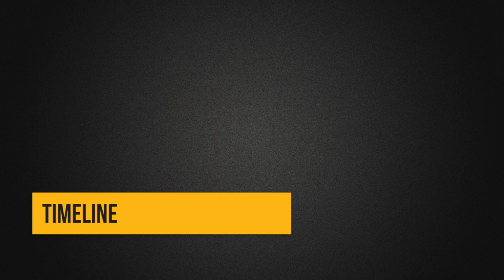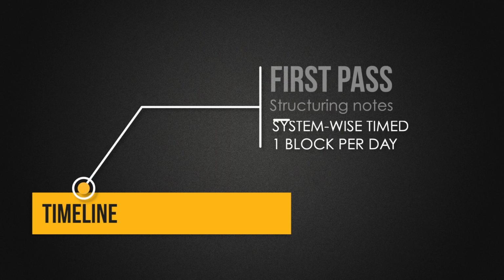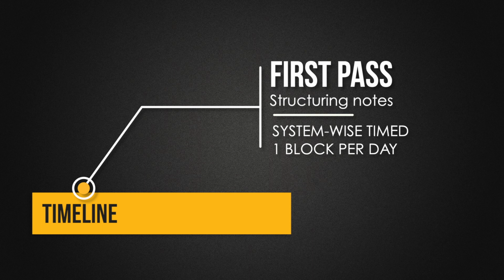So what I did for the first pass was solely focusing on structuring my notes. I made my own notes, and during my first pass, I did system-wise timed blocks, and I would make notes from there. So, for example, for cardio, I would give like 3 to 5 days solely for cardio, doing all, or most of, the blocks regarding cardio in UWorld.